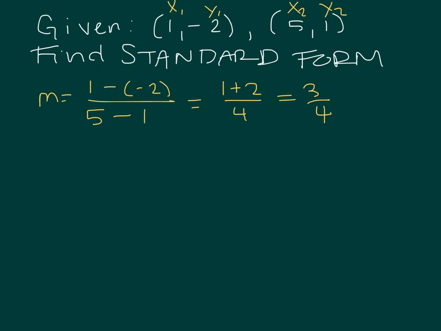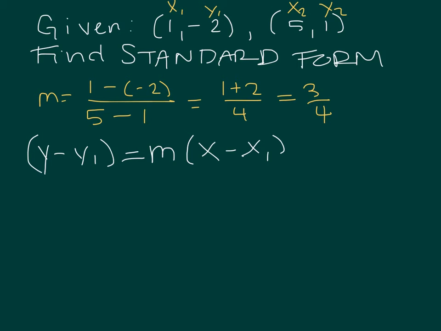Okay? So now I'm going to think about this point-slope form. I'm going to remember that it's very similar to the slope formula that I used here, y2 minus y1 over x2 minus x1. But instead, I'm going to use y minus y1 equals slope times x minus x1, right?